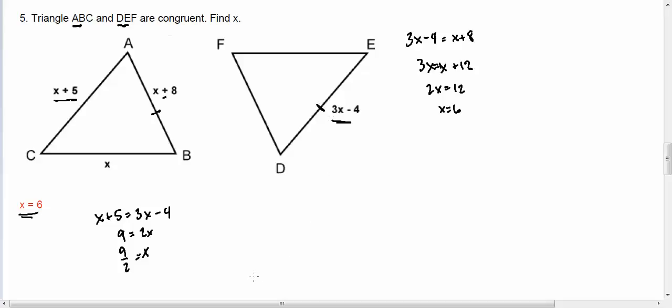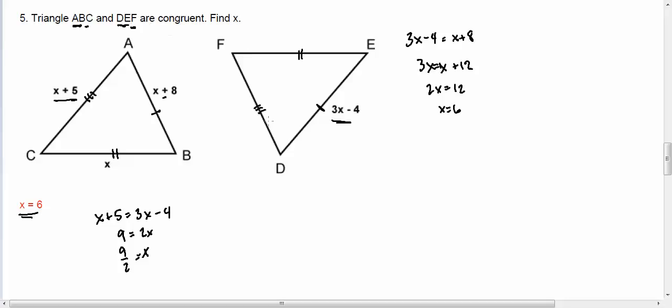And then the next segment that they're quoting is BC, so we'll draw a double line through that. And over here would be EF, so we'll draw a double line through that. And then it's cyclical, so we'll go back to CA, so we'll draw a triple line through that. And then over here is FD, and so we'll draw a triple line through that.